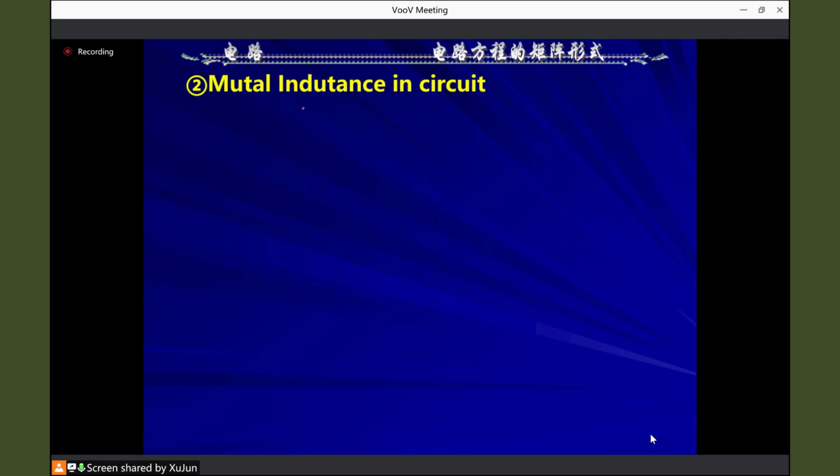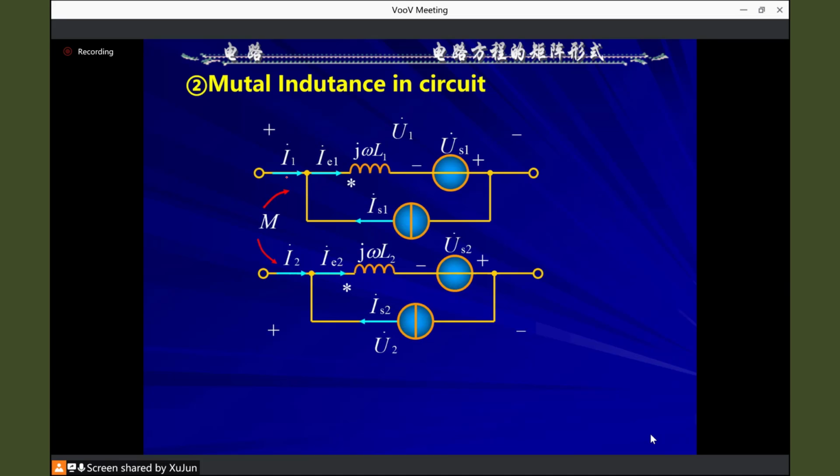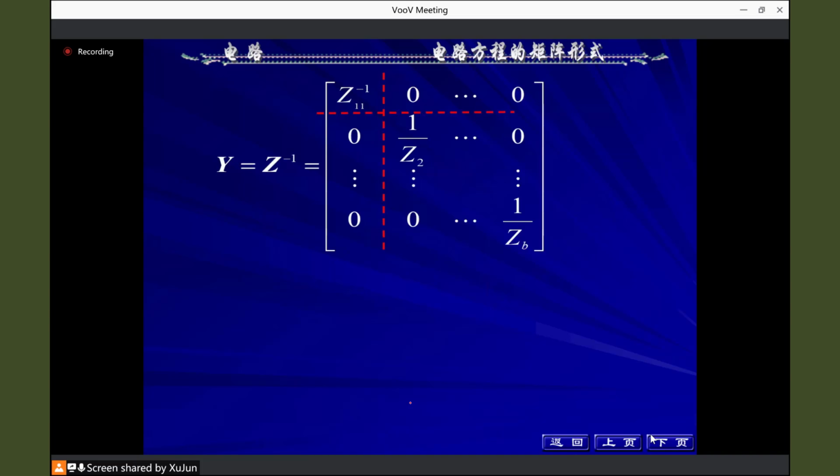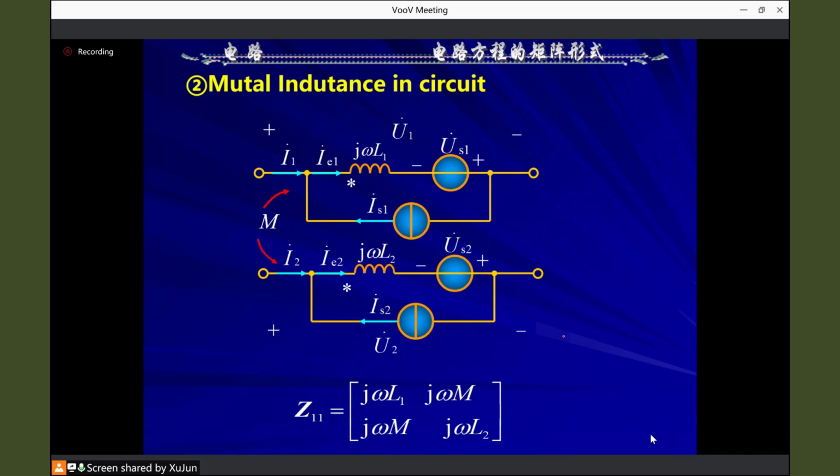If the circuit has mutual inductance, for example, branch 1 and branch 2 have mutual inductance, we have calculated the branch impedance matrix in this form. For the branch, we calculate Z at first. For the matrix Y, we can calculate matrix Y equal to Z inverse.